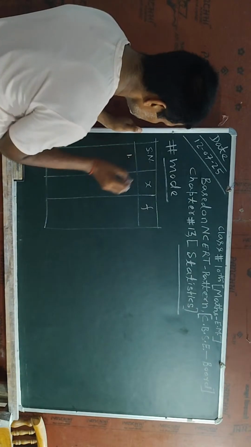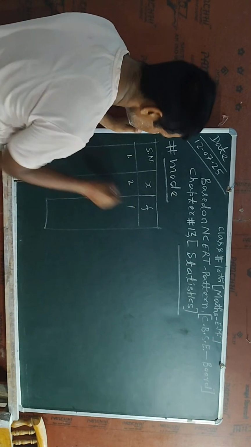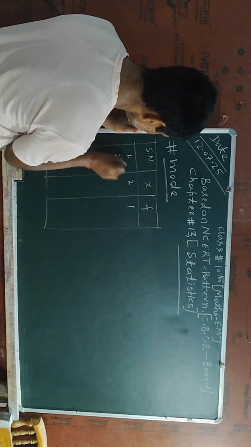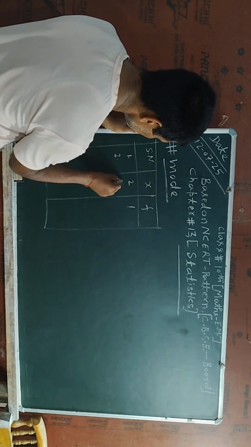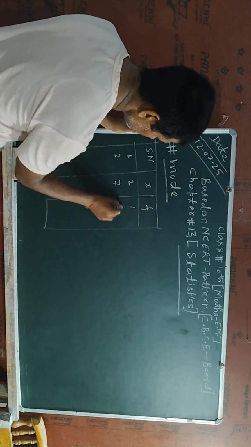So serial number 1 has value 2, and its frequency is 1. Serial number 2, the term is 7, and its frequency is 5.